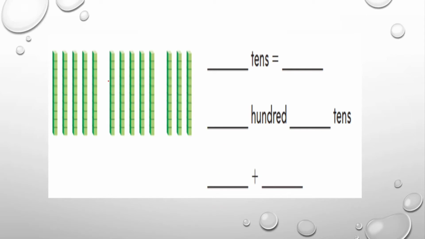You tell me that each line of this represents 10. Super, my dear. Let's count it together. We have here what? 1, 2, 3, 4, 5, 6, 7, 8, 9, 10, 11, 12, 13. So we have here 13 tens.